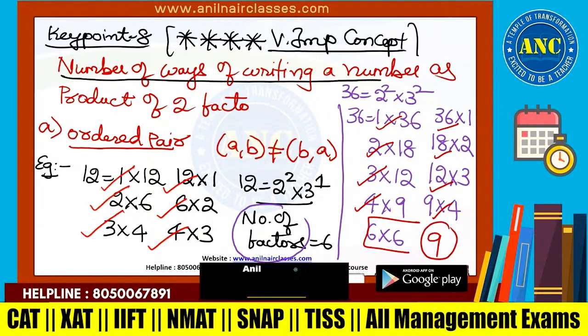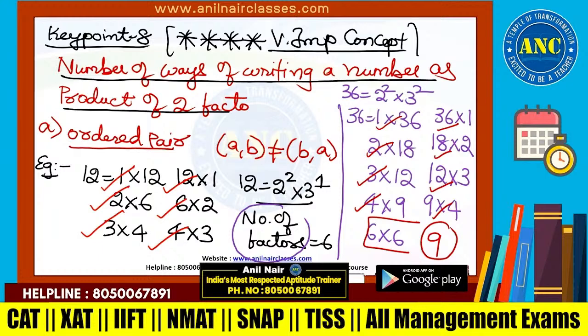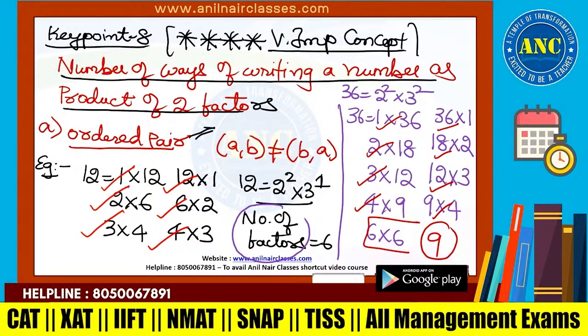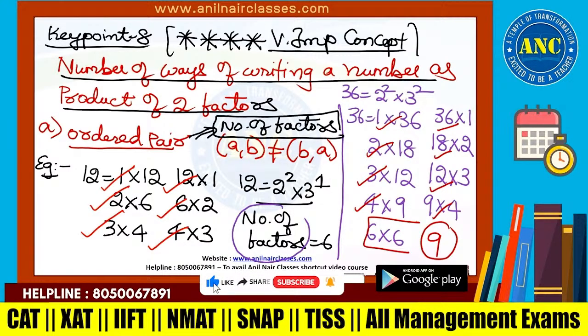Number of ways of writing a number as a product of two factors in ordered pair is nothing but the total number of factors. Please write this down.